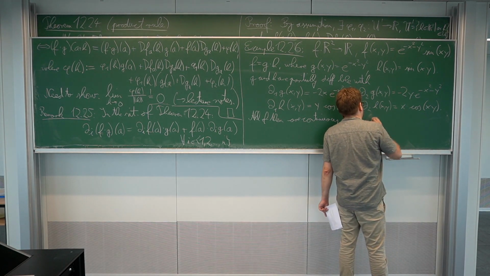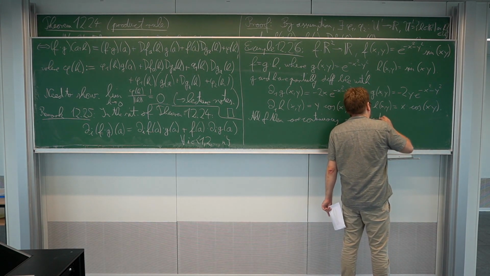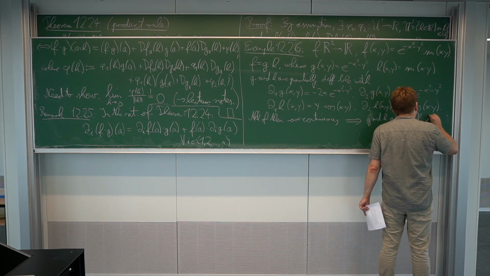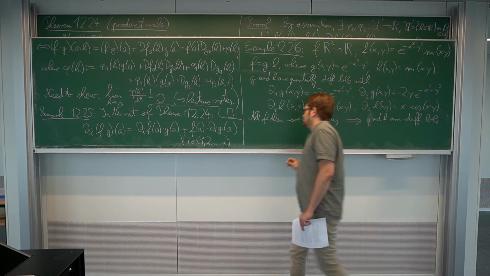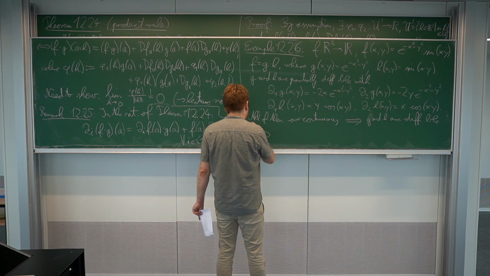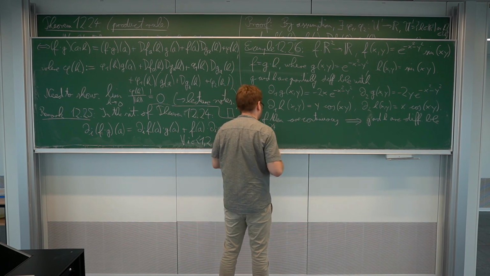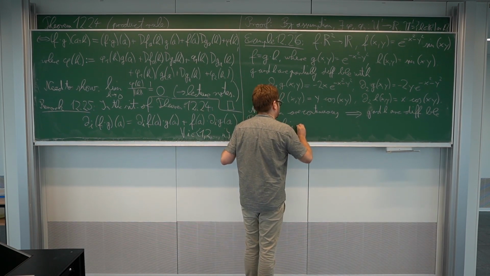So we get that g and h are differentiable everywhere. So by the previous theorem, Theorem 1224, our product rule, this first of all said that then h is differentiable.